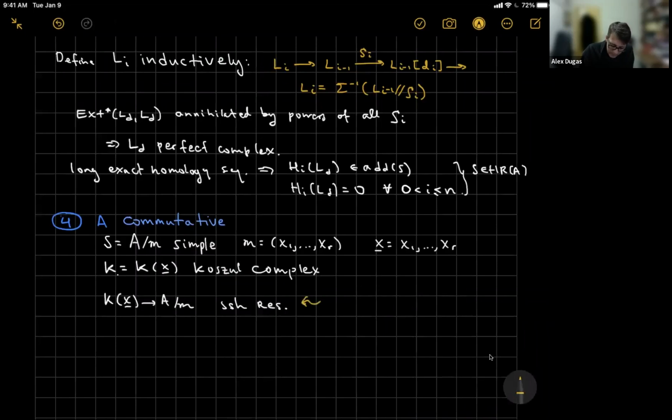But the problem then is, how to extend this to SSH resolutions that are initially exact, that begin exact. And so the trick here is to regard this Koszul complex as a DG algebra.